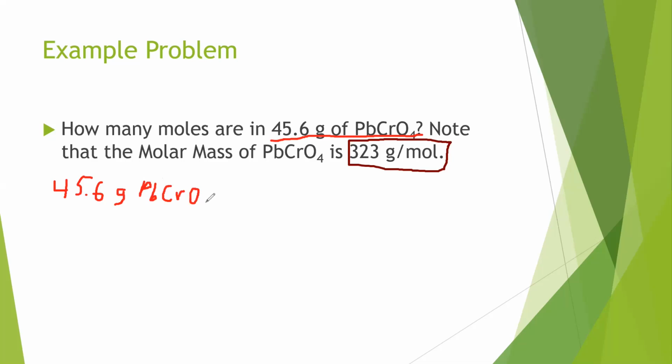But we don't want grams, we want moles. So we can change grams to moles with the molar mass. And we can basically do 1 mole of PbCrO4 is 323 grams.